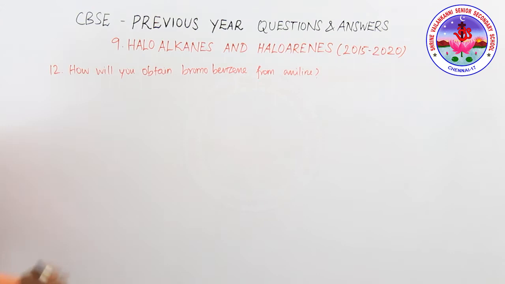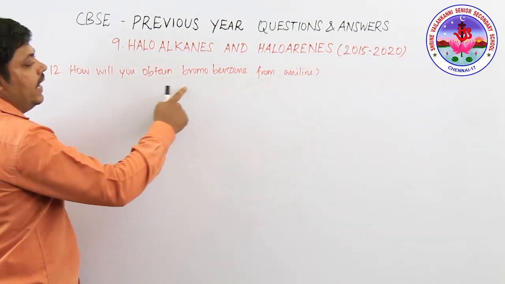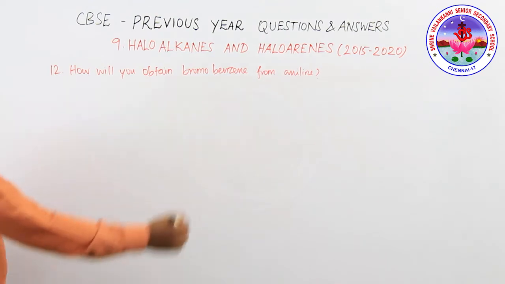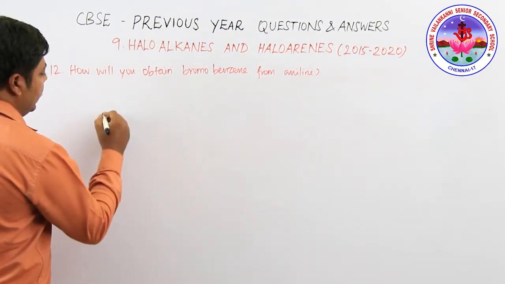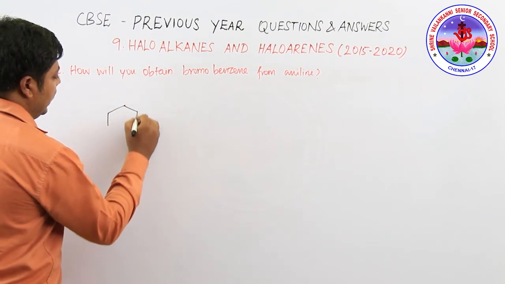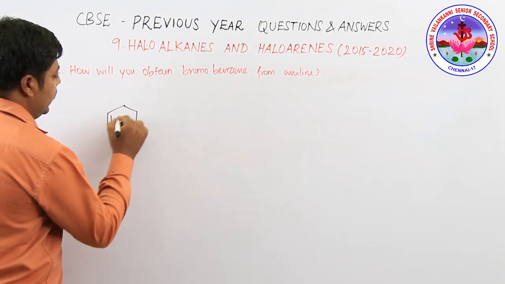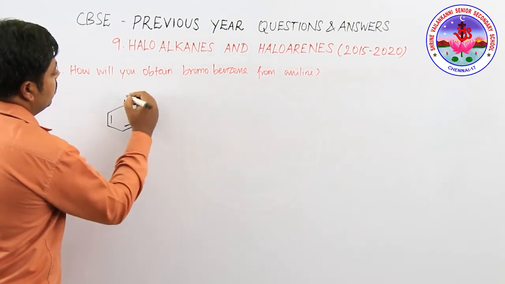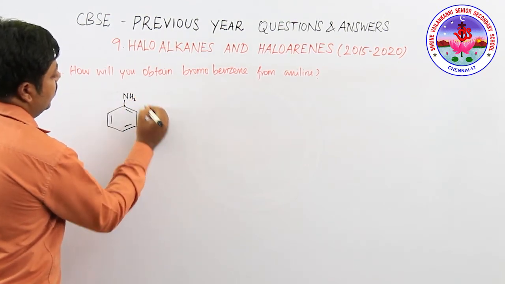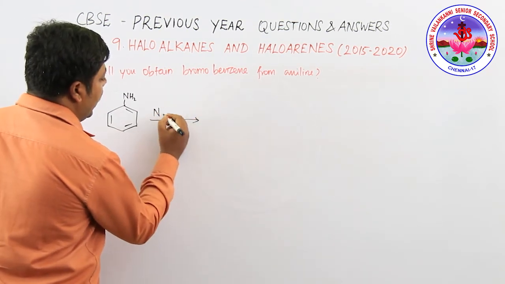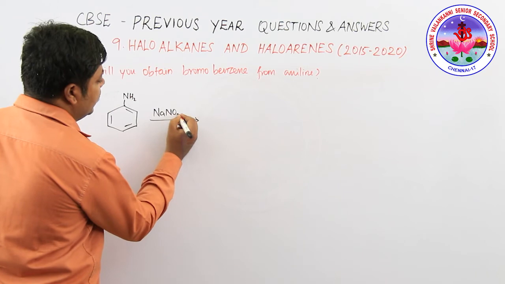See, the next question is, how will you obtain bromobenzene from aniline? So you have to write aniline. From aniline you will get bromobenzene. The reaction is aniline treated with sodium nitrite and HCl.